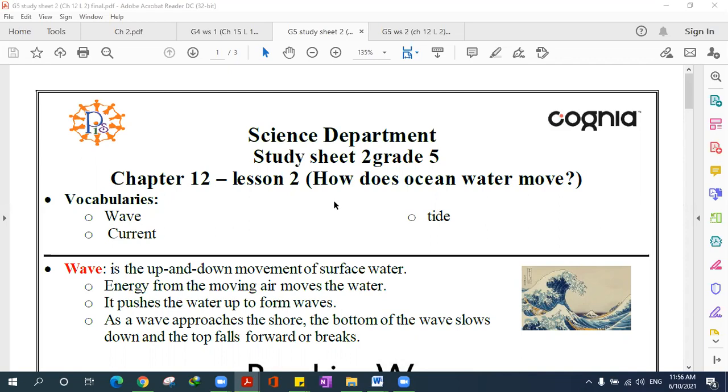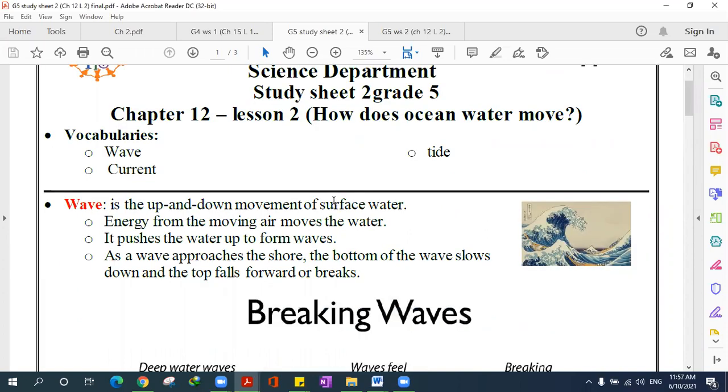The last lesson was about how much salt is in the water, the features of the water and the different continents, the wave and current, volcanic island, tide. Okay, now we're gonna do a quick review over how does ocean water move.